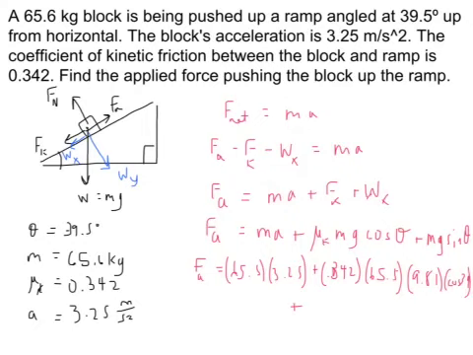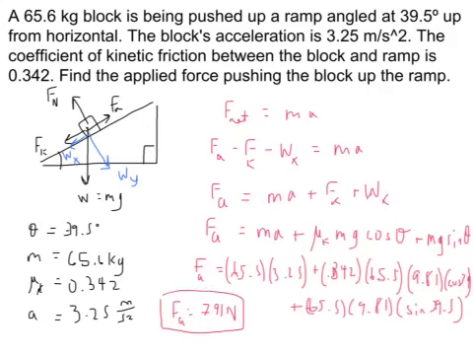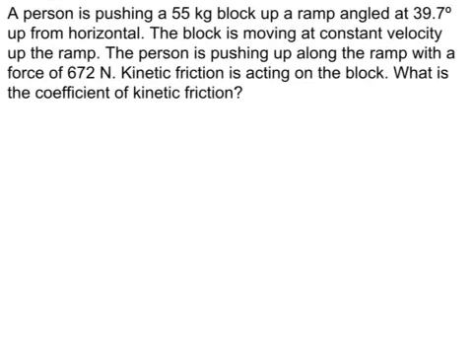And then I need to also add another mg sine theta. So that'll be 65.5, 9.81, and sine 39.5. Okay. So you plug that into your calculator, and what do you get as your answer? I'm getting 791. And of course, the unit is newtons, because this is a force. Okay, there it is. That's the first problem.